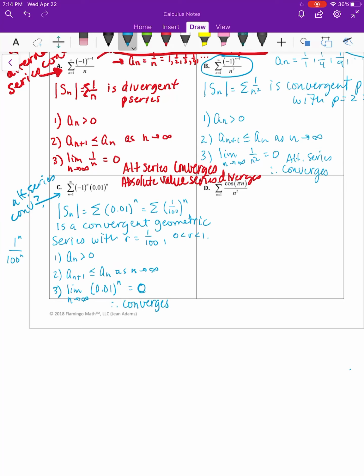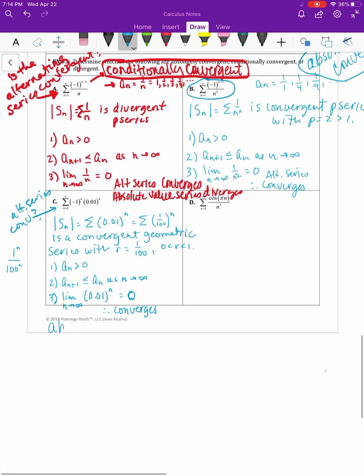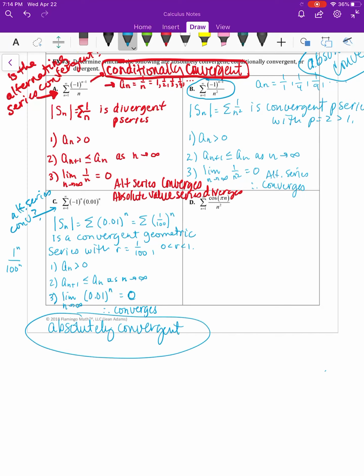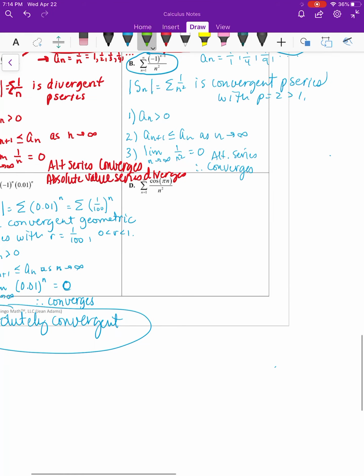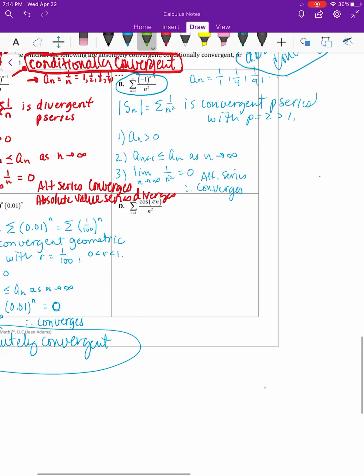And then number 3, the limit as n goes to infinity of 0.01 to the n is, of course, 0, because the numerator keeps staying 1 and the denominator keeps getting larger and larger. So my alternating series converges. My alternating series converges and my absolute value series converges, so therefore this one is absolutely convergent.